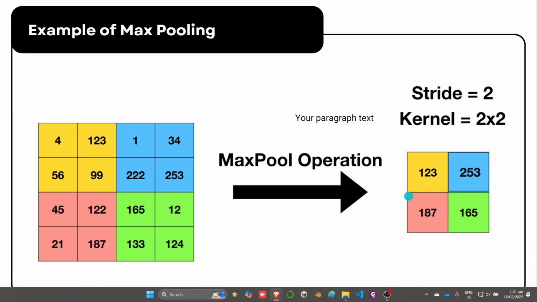So it's half the size of the original feature map. That means it reduces it by a scale factor of 2.